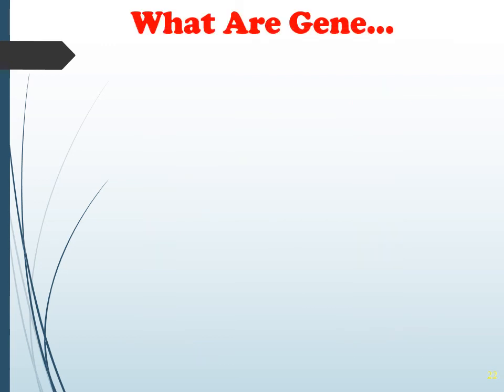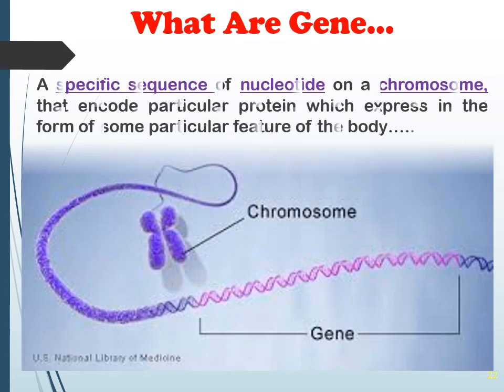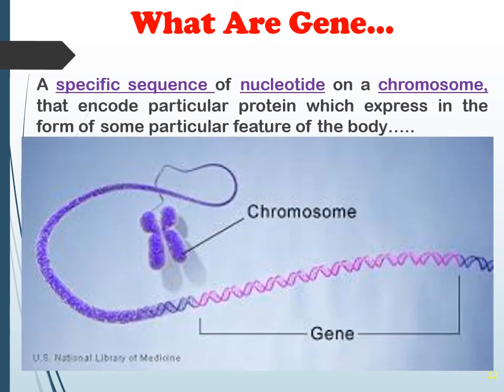This is the interesting point, students, of this lesson. What is a gene? As per the definition that you are supposed to remember, it is the specific sequence of nucleotides on a chromosome that encodes a particular feature of the body.